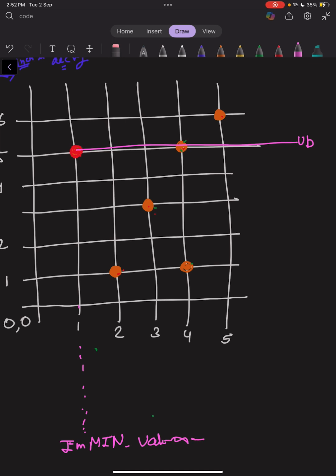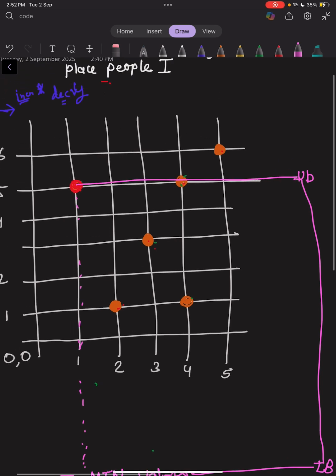So this is the lower bound. Basically this whole area is considered to be a valid rectangle that can be formed using this point.